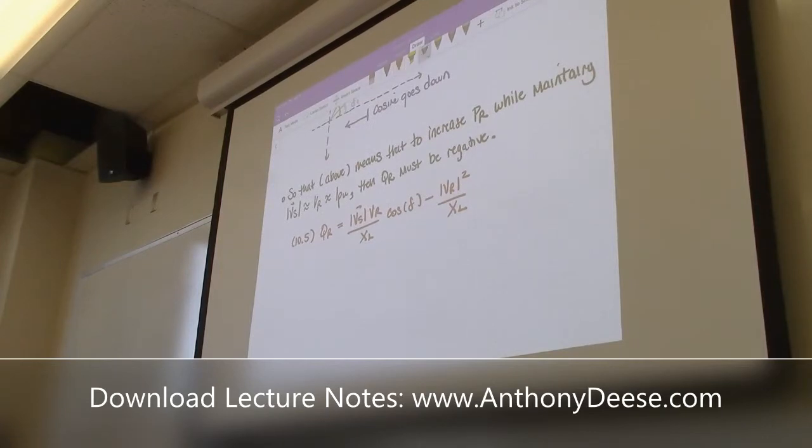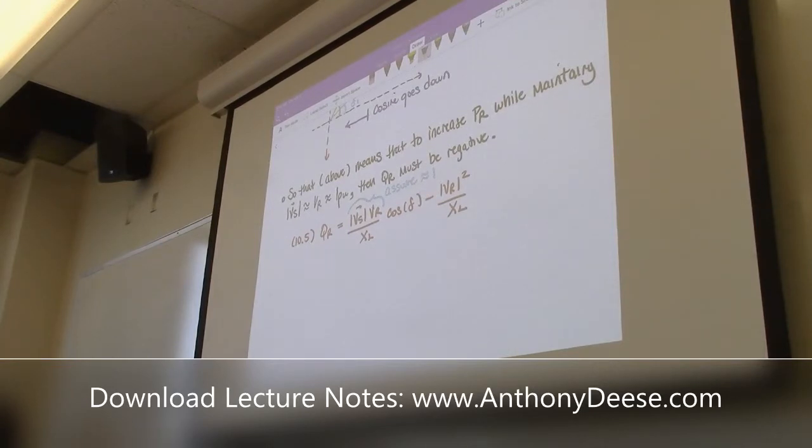Okay, now, we already said a couple of times that we're going to assume that the magnitude on either end of the line stays relatively the same. For this analysis that we're doing right now, we're predominantly focusing on delta. And so we can replace Vs times Vr with a 1.